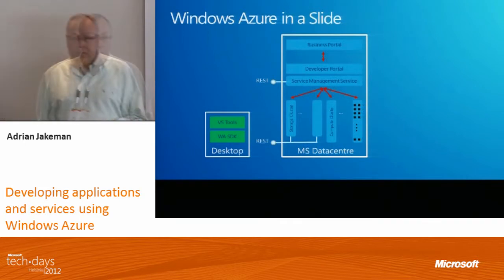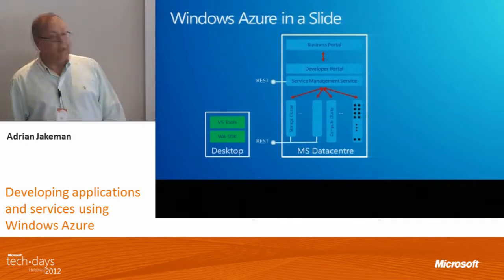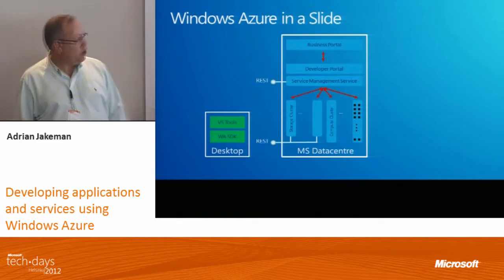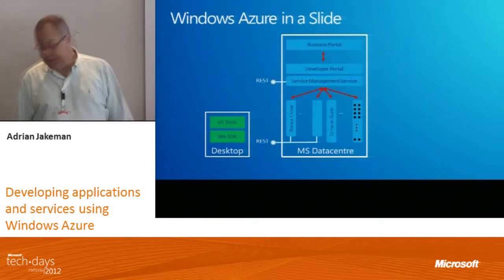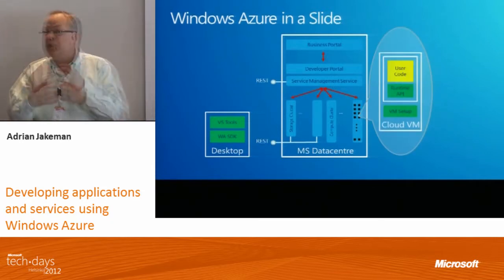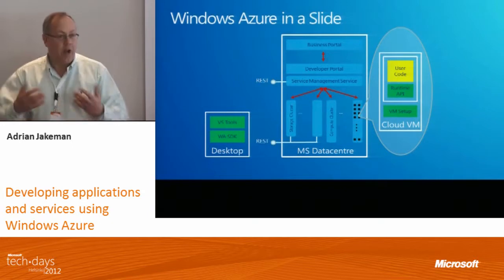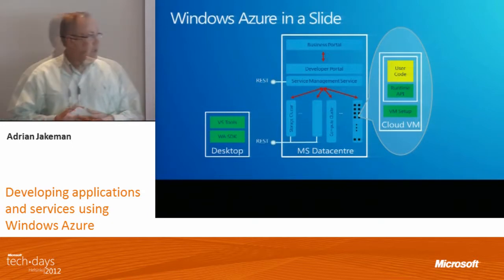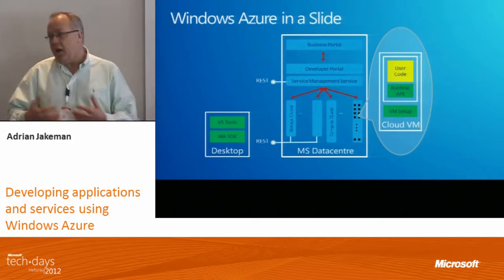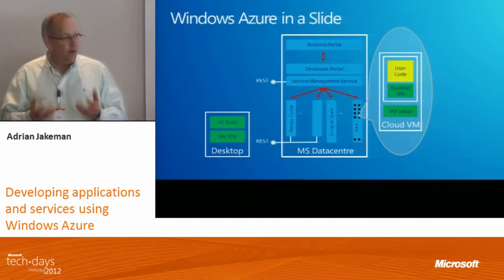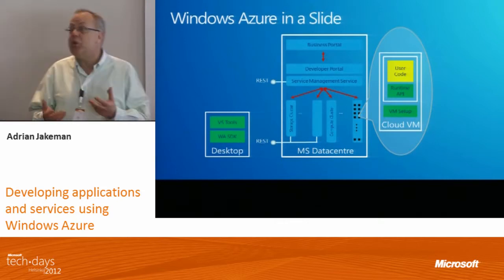At some point, we will deploy our applications, and those applications will run in the compute cluster on virtual machines, shown by little black blobs here. And within each of those virtual machines, we can think of that virtual machine belonging to you, running your web role, running your worker role, running your virtual machine role. Your user code is part of that virtual machine, but there is also supporting functionality within that VM to keep your application running.